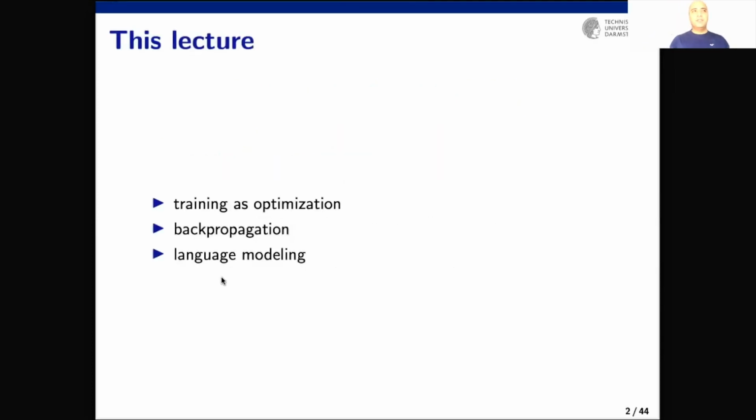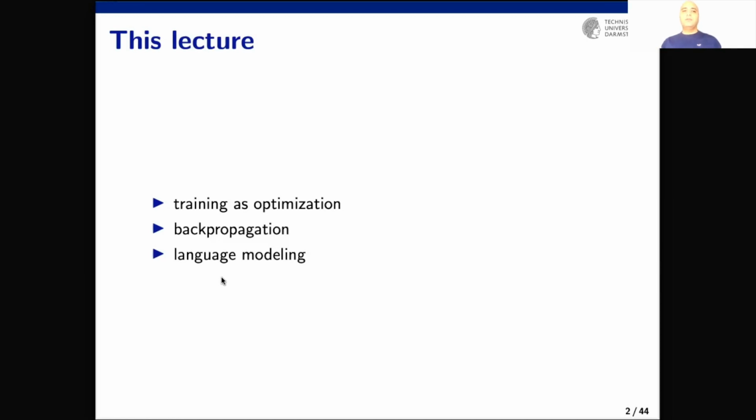In this lecture, we talk about three main topics: training as optimization, backpropagation, and language modeling. In training as optimization, we try to model a learning algorithm as an optimization problem. And we show that by solving an optimization problem, you can learn to solve a task.